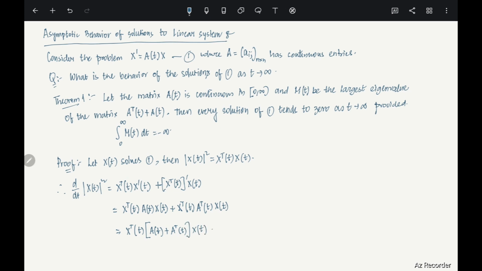This is okay. Now you see this matrix, one beautiful thing about A(t) plus A transpose(t) is that it is symmetric. So since A transpose(t) plus A(t) is symmetric, and m of t is given to be the largest eigenvalue, right? Is the largest eigenvalue.